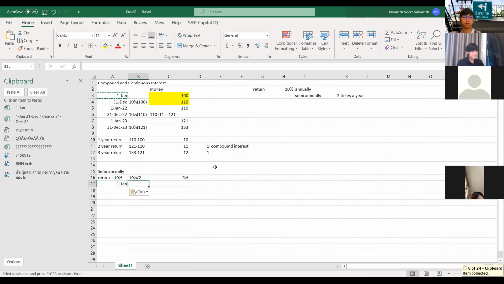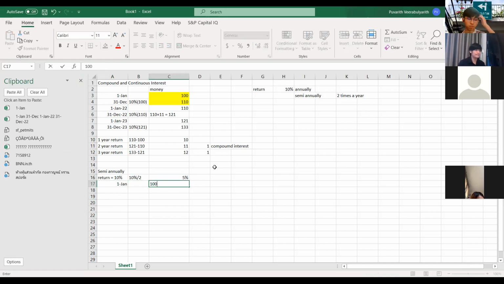Okay, on the 1st of January, you deposit 100 baht to the bank. And then the banker will give the interest to you 2 times a year. So you will get your first return in the middle of the year, right? So it's going to be the 1st of July, half a year, and you will get your 5% return. So it is 5% multiplied by 100. So you will get 5 baht, right? So now you will have 105.